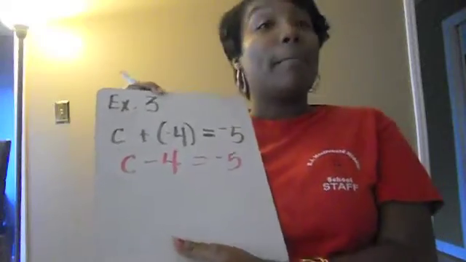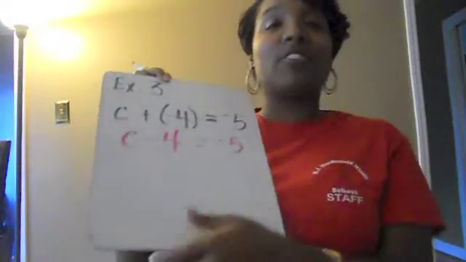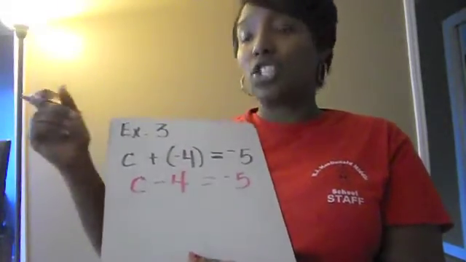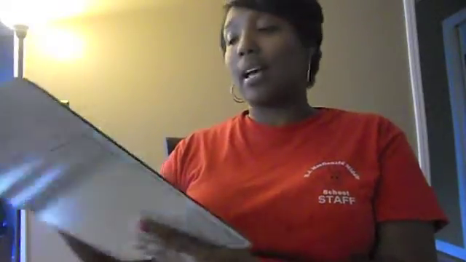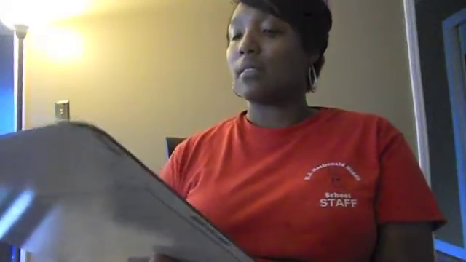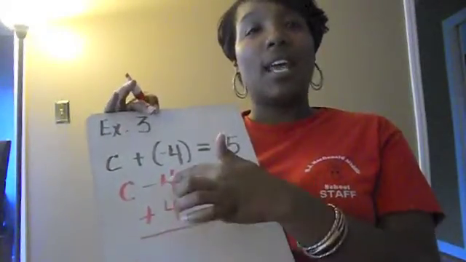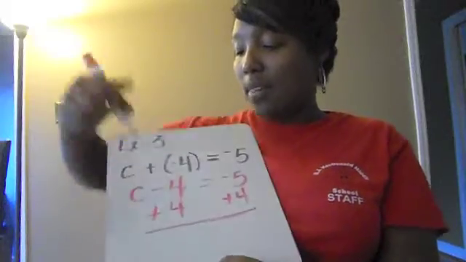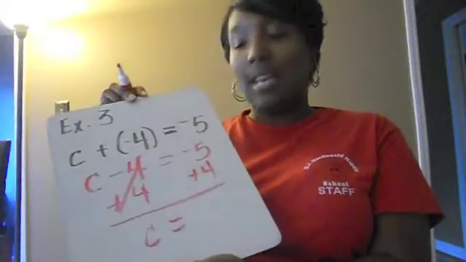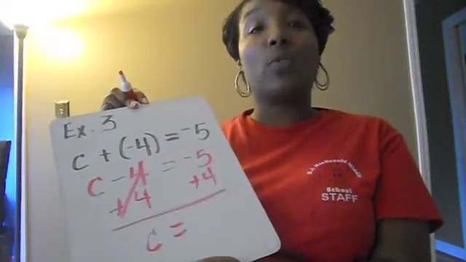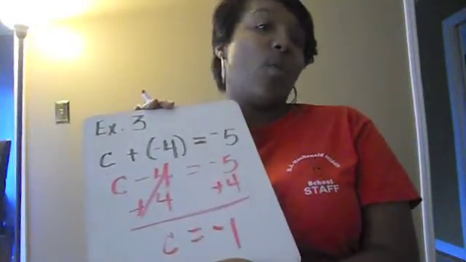So minus, the opposite of minus is addition. So let's add 4 to both sides. Again, negative 4 plus 4, that will cancel. I'm just left with c. And then negative 5 plus 4 will give me negative 1.